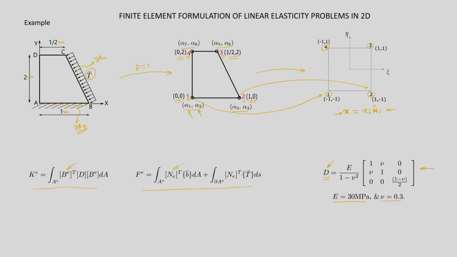Here I is repeating, which implies that I goes from 1 to 4 in this case. Similarly y can be obtained from the expression yi Ni hat, summation over I equal to 1 to 4. Once we have decided this set of mapping rules, for any value of xi and eta at any point in the master element, we will get the corresponding point in the physical element. So that was the idea.